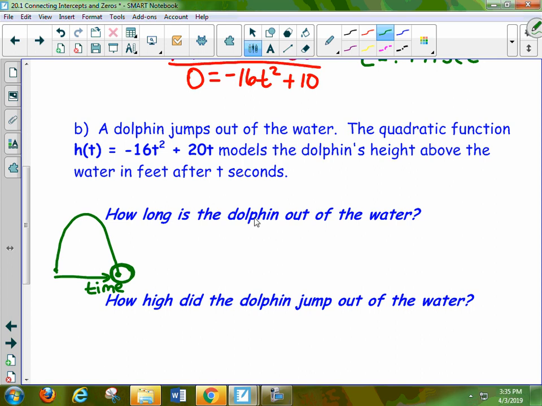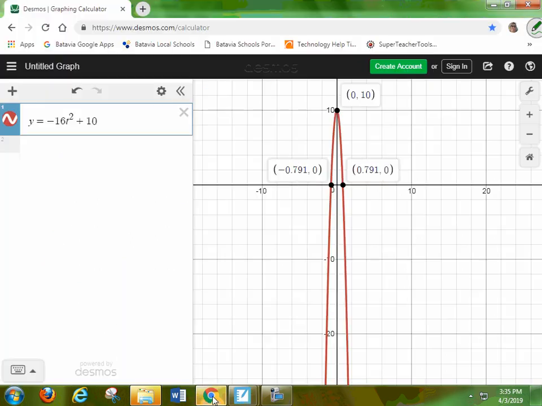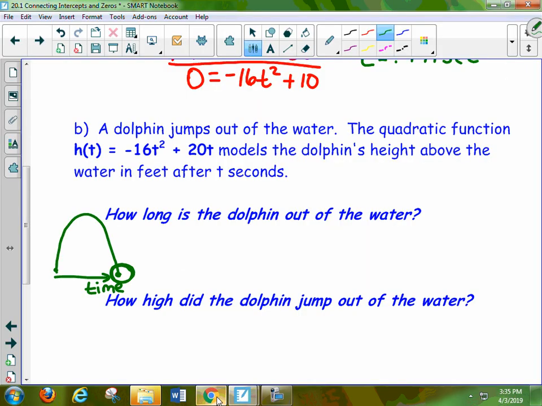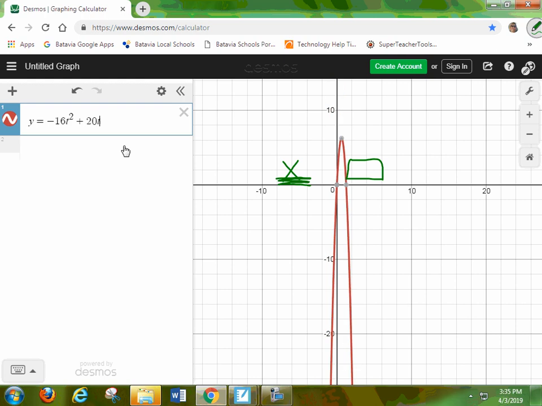And so in this case, I'm just typing into Desmos the negative 16t squared plus 20t. Okay. And you'll notice again, let me get rid of my markings from before. In this case, you'll notice that this is the dolphin starting. That's the dolphin jumping out of the water. Here, the dolphin's jumping up and comes back down.